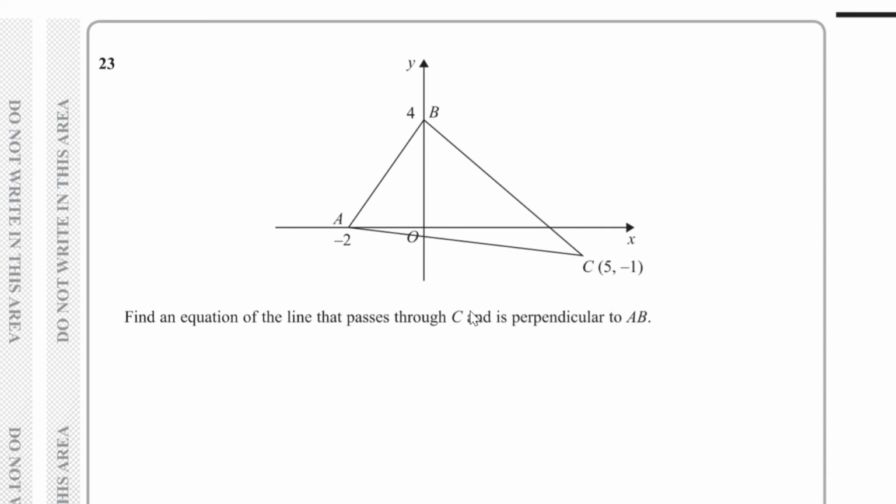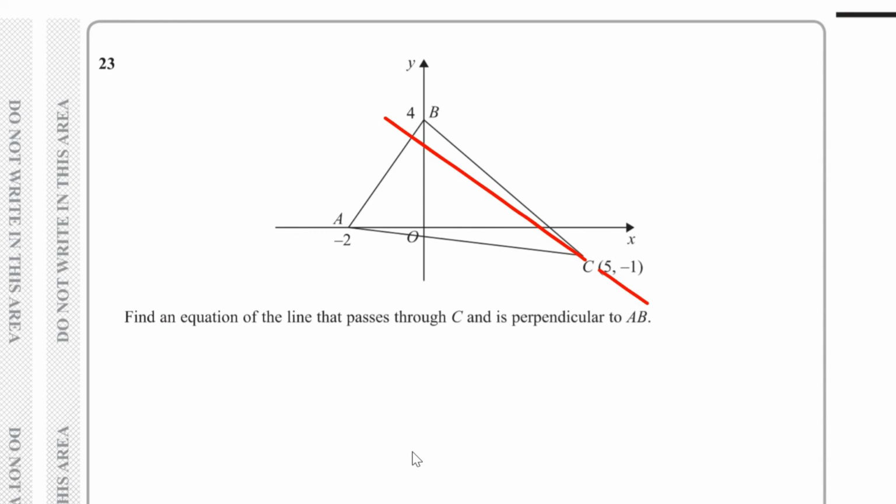Well, we want a line that's perpendicular to AB but passes through C. Essentially the line we want is, if I show this in red, this line here.